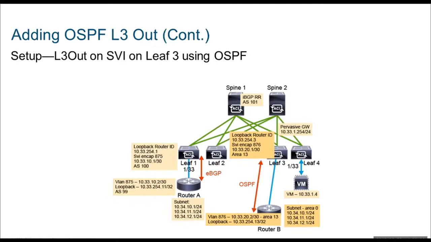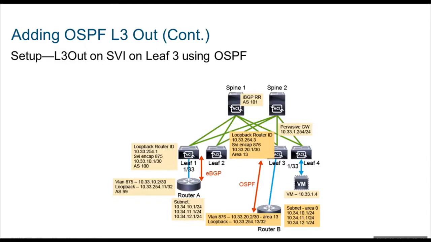And they're going to be feeding it into a particular VRF, which then exchanges the routes with the rest of the network. I believe they have a problem communicating from the loopback interface of router B, so they're trying to communicate from this loopback IP to this VM, 10.33.1.4, and it failed for some reason.